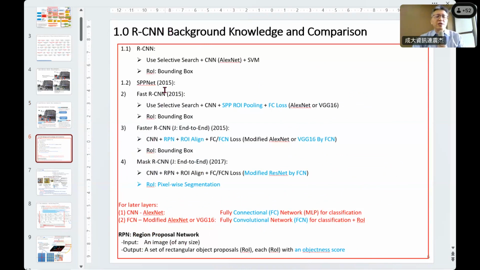Okay. So in the beginning, it's called region convolutional neural network. It's here. In the beginning, they used computer vision for the detection. They used CNN based on the region to do the extraction, and then they used support vector machine, SVM, for classification.